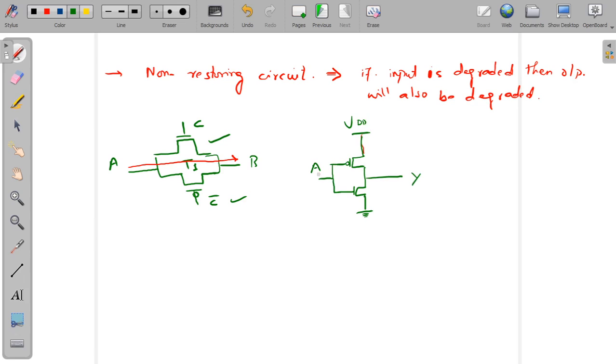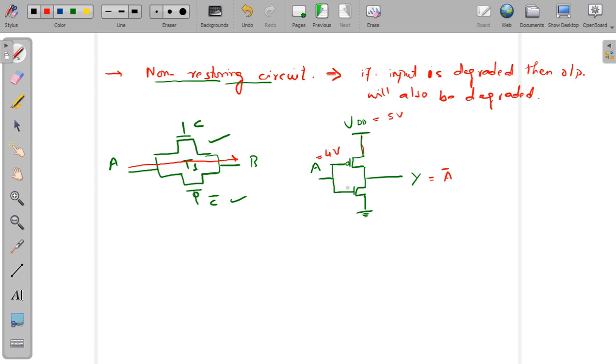Let's say this is A. Just to illustrate the difference between restoring and non-restoring circuits, let us look at the operation of this CMOS inverter once again. We know that Y will be equal to A bar because this is an inverter, right? But let's say A is not perfect in value. If VDD is equal to 5 volts, and A is not perfectly 5 volts, but rather a 4 volt value.